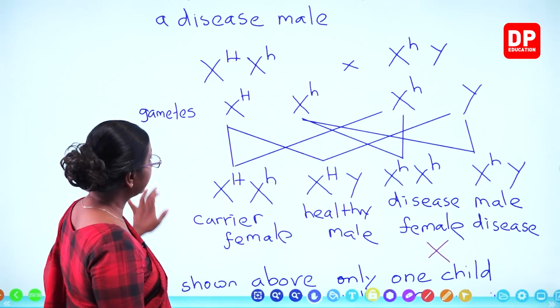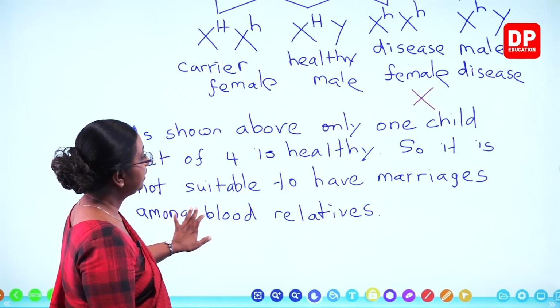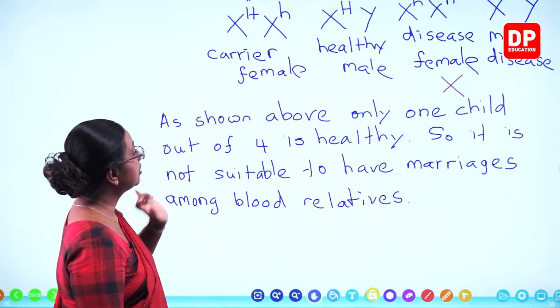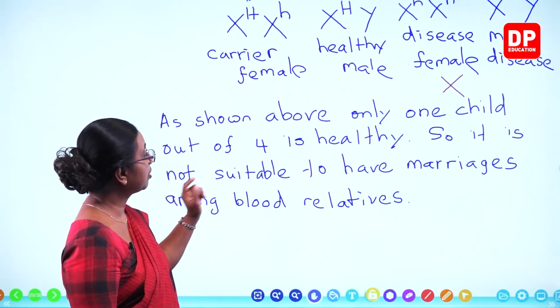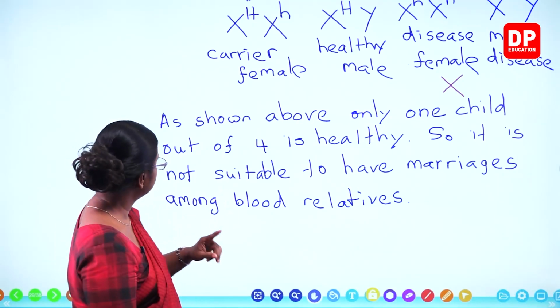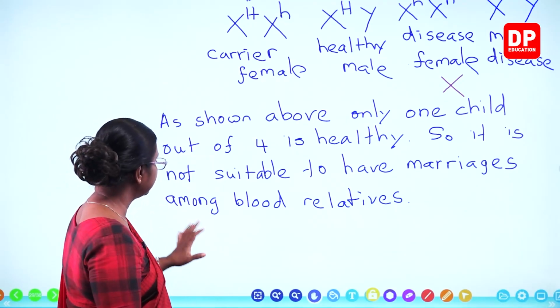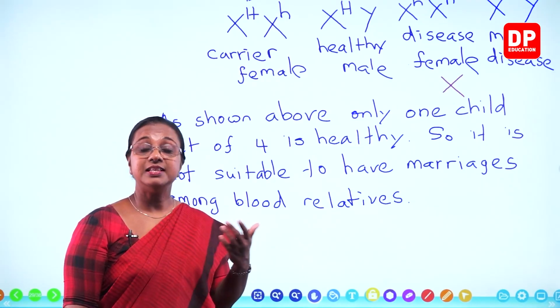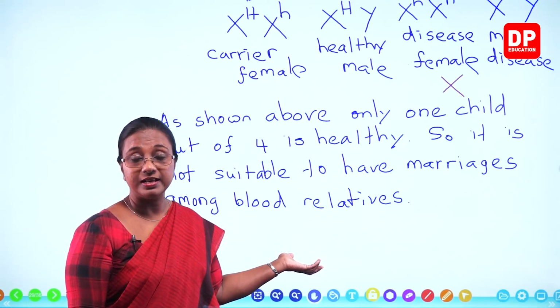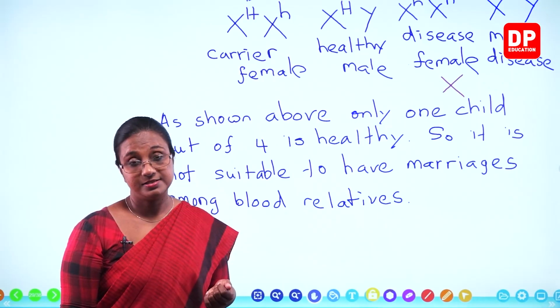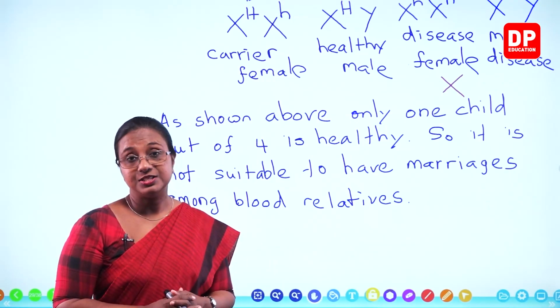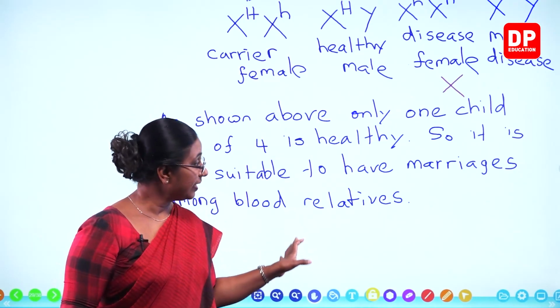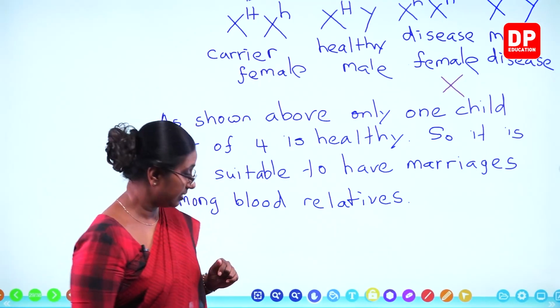So that is why we need to say, as shown above, only one child out of 4 is healthy. So it is not suitable to have marriages among blood relatives. If you want, you can say, as it increases the probability of getting sex-linked diseases. Is that clear to you all? So with that, students, I'll move on to the next question.